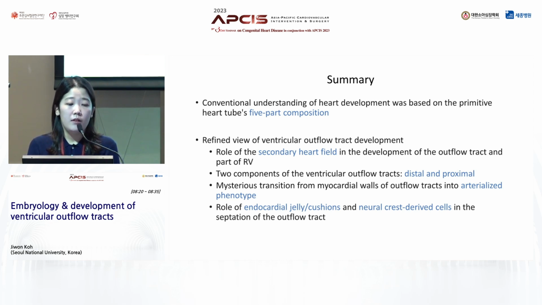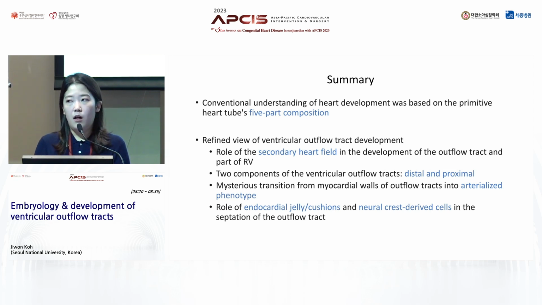So the conventional idea was the five-part composition of the primitive heart tube, subsequently dividing and dilating and folding and looping. But the refined view of the ventricular outflow tract includes the concept of the secondary heart field in the development of the outflow tract and a part of the RV.